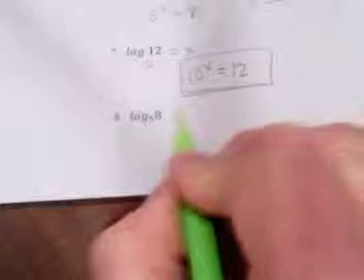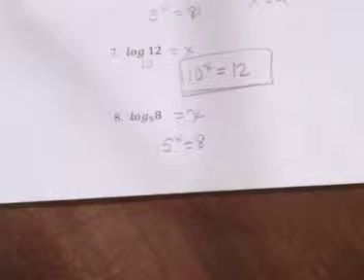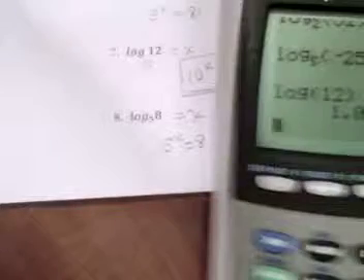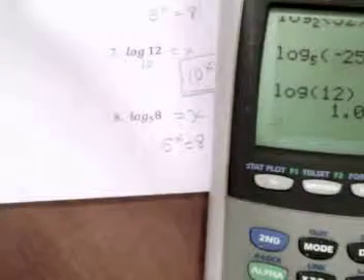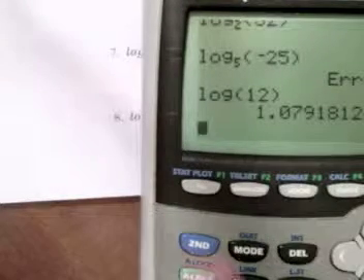So number 8 is like number 7 because when I say 5 to the x power is equal to 8, I again find that I can't put 8 in terms of a base of 5. And so I would use log base in my calculator. Let's practice those keystrokes just one more time.